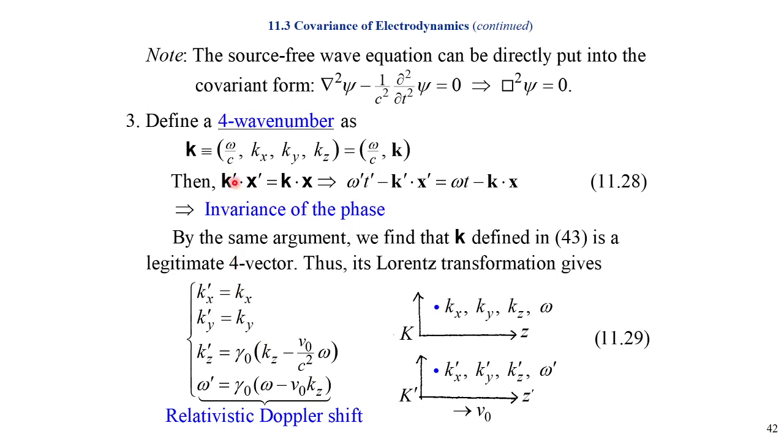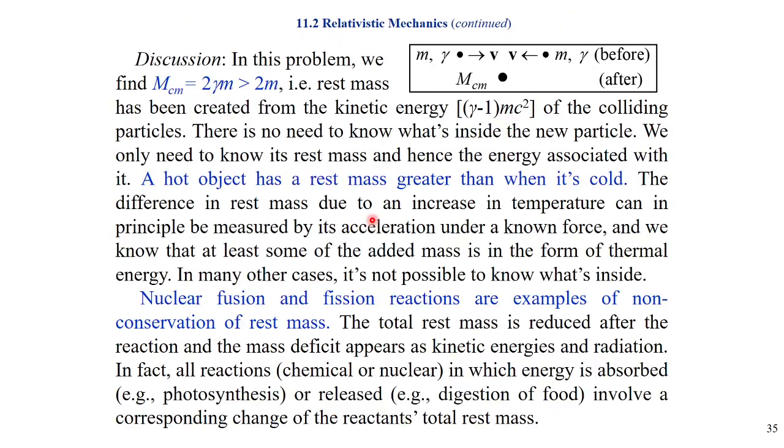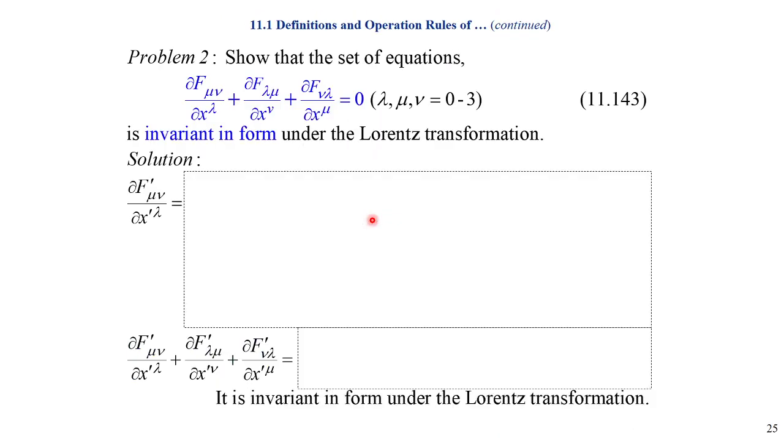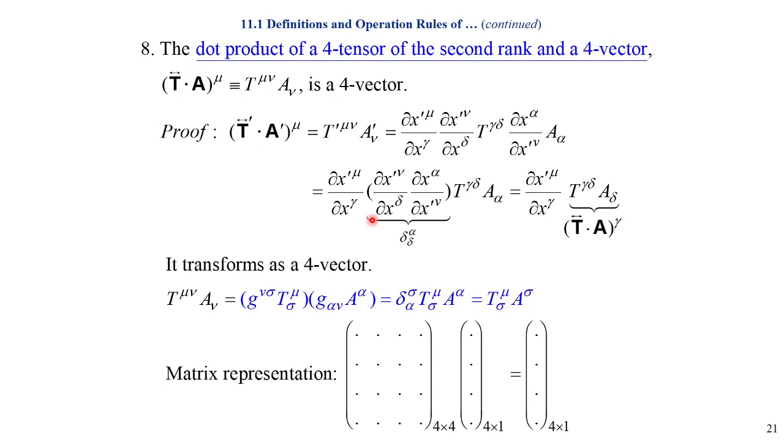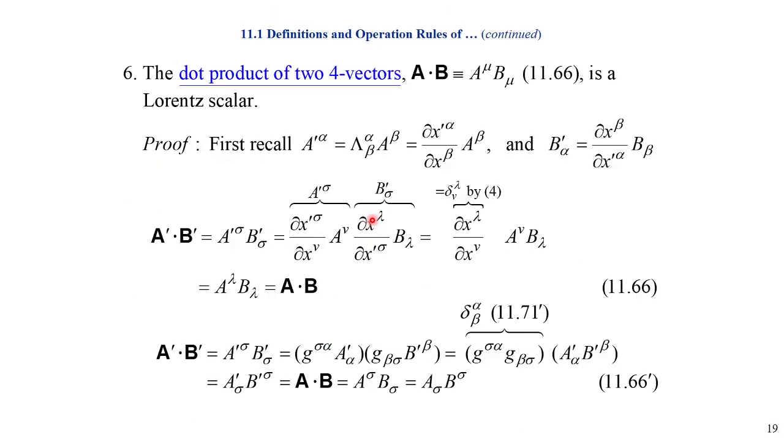A 4-vector dot another 4-vector is invariant. Okay, maybe we should go back to items 2, 3, 4, 5. Item 6. So we have items 4, 5, and 6.